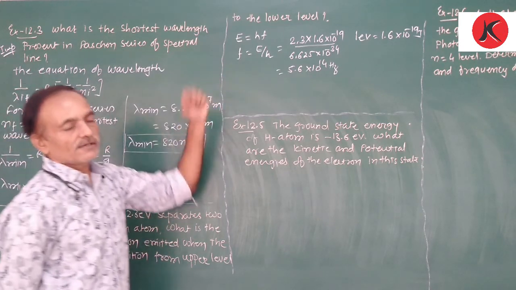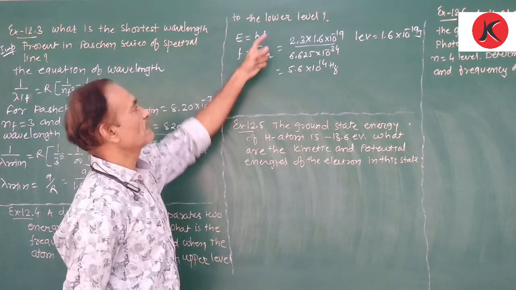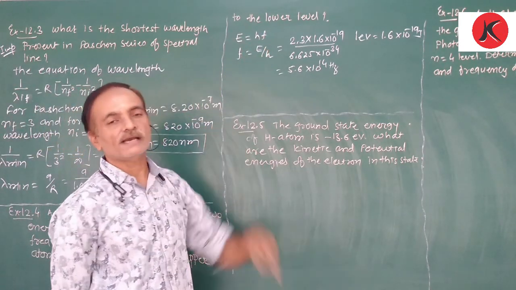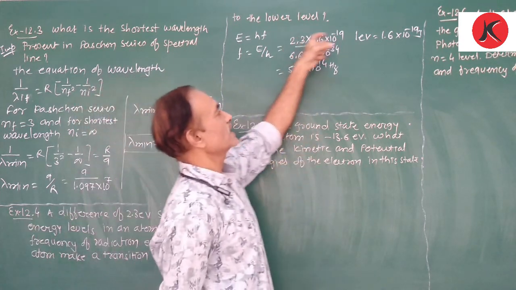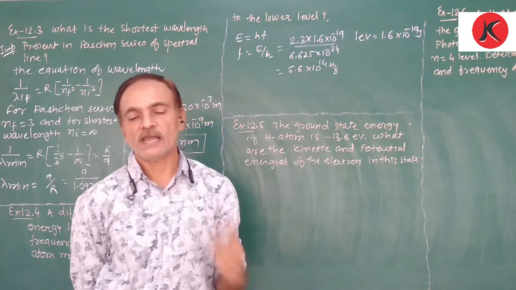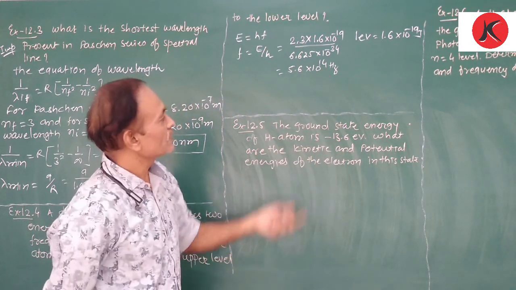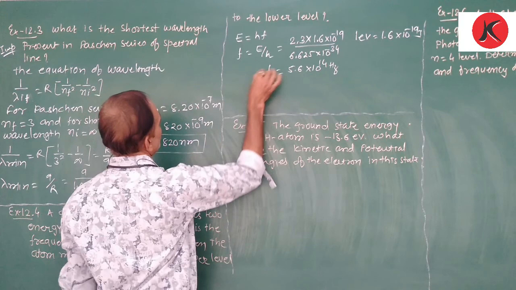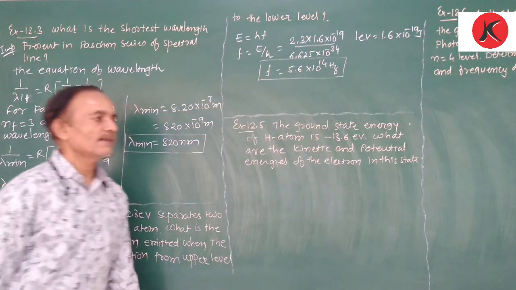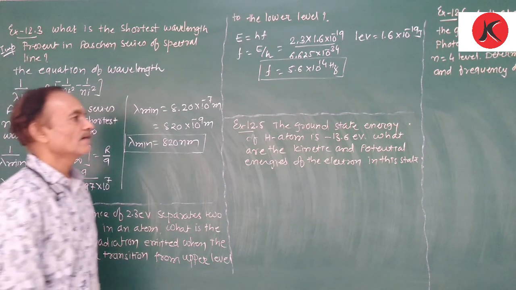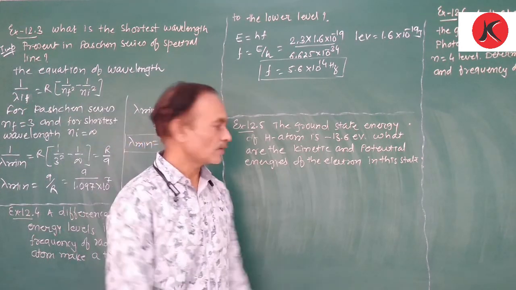Energy is equal to hf. Therefore, the frequency of the radiation is E upon h. E is already given, 2.3 electron volt converted into joule, divided by Planck's constant. Therefore, the frequency of the radiation is 5.6 into 10 raised to 14 hertz. Clear?